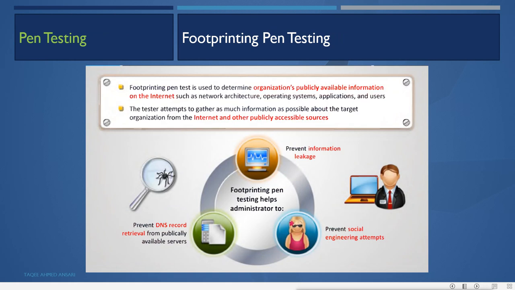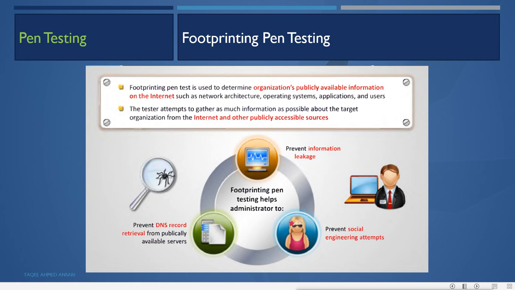Now finally, doing footprinting penetration testing. Penetration testing is what hackers, ethical hackers, do. This is our job, to do audits and penetration testing on the network. So a footprinting pen test is used to determine what publicly available information the organization has on the internet, such as network infrastructure, operating system, applications and users, and the tester attempts to gather as much information as possible about the target organization from the internet and other publicly accessible sources.